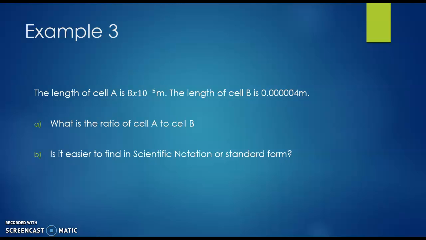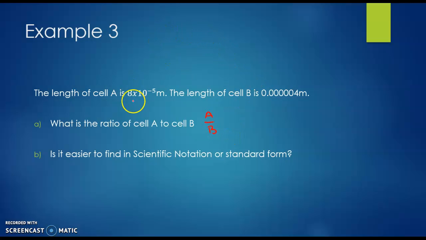So here we have: the length of cell A is 8 times 10 to the negative fifth. The length of cell B is that lovely decimal that I'm not even going to try to read. What is the ratio of cell A to cell B? So we've got to put them both in the same form. We can't do them differently. So I need A over B. And here are your choices.